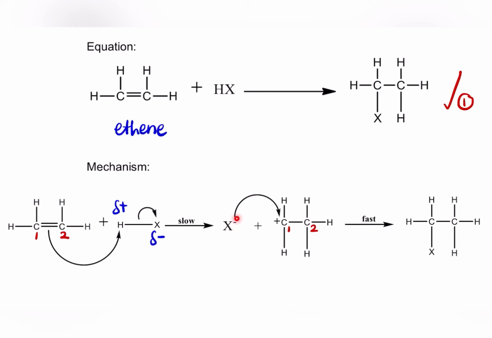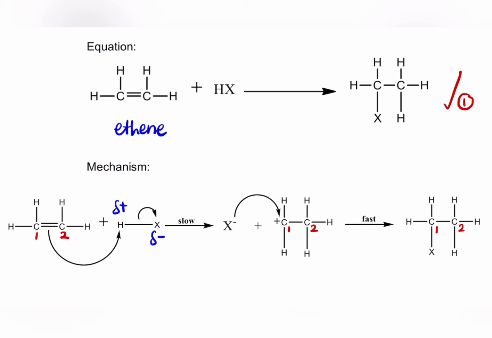You have to show the mechanism using full-headed arrows. And this reaction is very fast. And what happens next? You will attach X to your first carbon and hydrogen to the second carbon. So this is the mechanism for alkene with hydrogen halides.